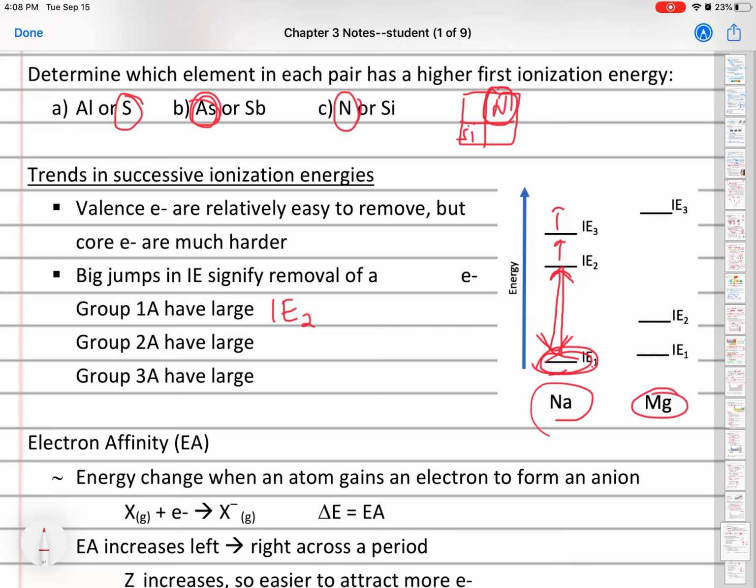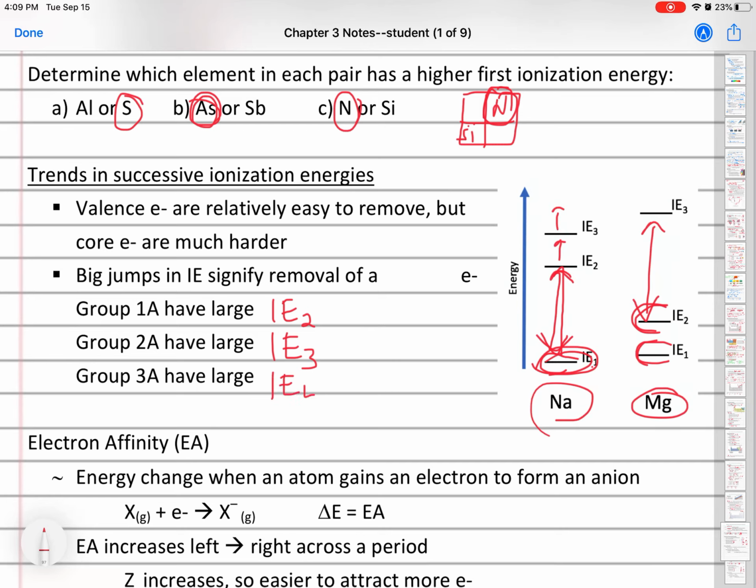Group 2A, like magnesium, has 2 valence electrons. So the first ionization energy is relatively low. The second ionization energy is a little bit higher, but they're somewhat close together. But then there's this big leap, a big gap between ionization energy 2 and 3. So group 2 elements have a really high ionization energy 3.